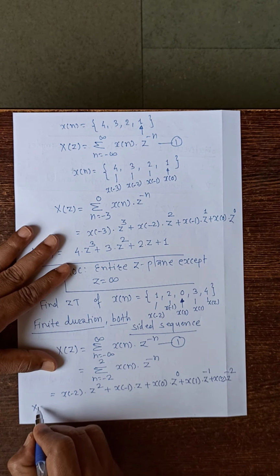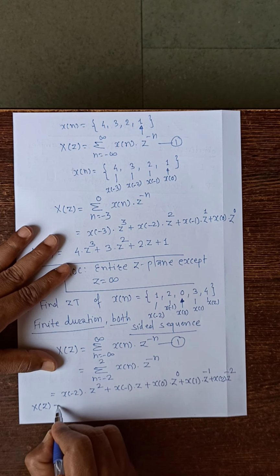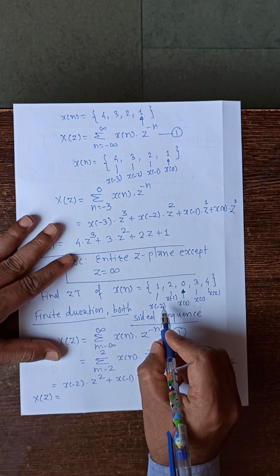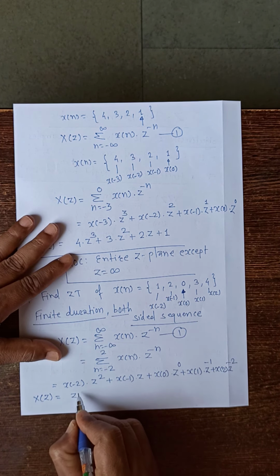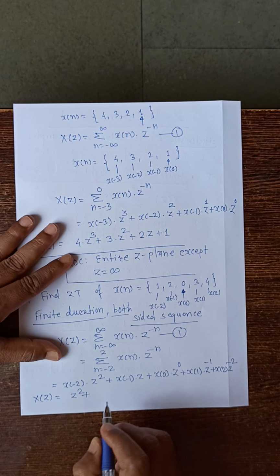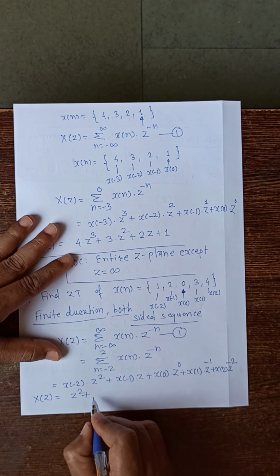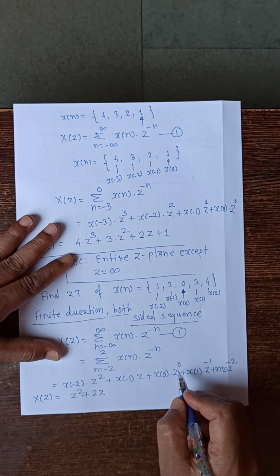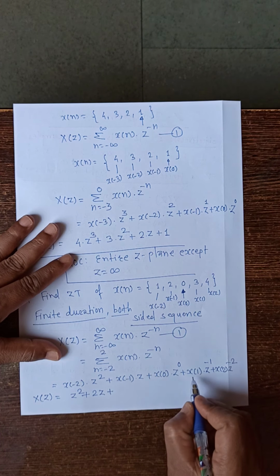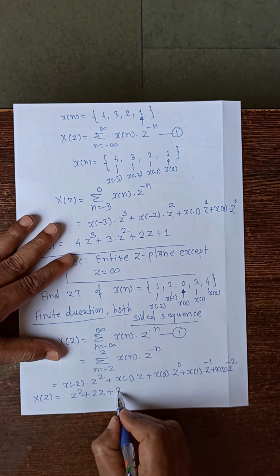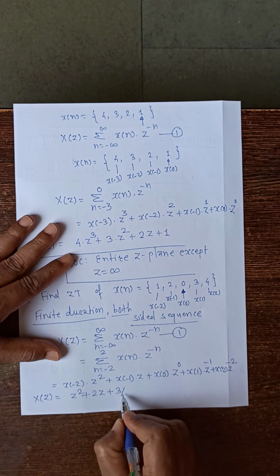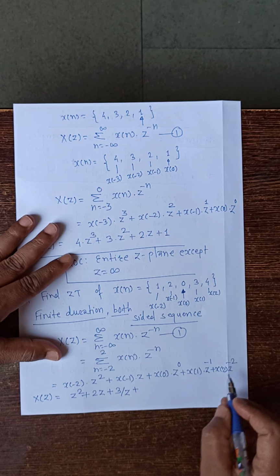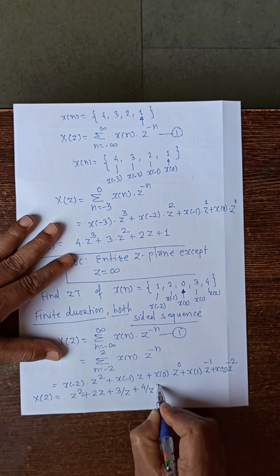So X(z) is equal to, put the value of x of minus 2, so 1 z square, plus x of minus 1 is equal to 2, 2z, x0 is equal to 0, z raised to 0 is equal to 1, so this is 0, no issue. x1 is equal to 3, so z raised to minus 1, I can write 3 by z, plus x2 is equal to 4 divided by z square.